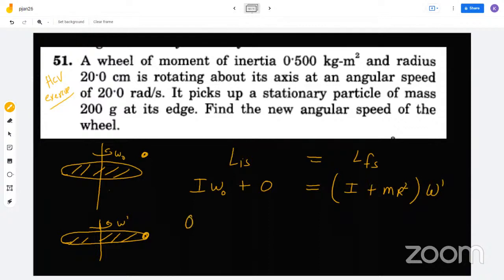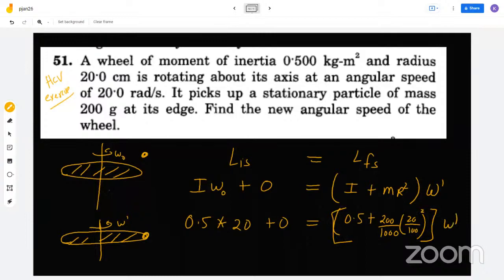This I is given 0.5, angular velocity 20, 0.5 plus stationary particle of mass 200 grams, so 200 by 1000, radius 20 centimeter, 20 by 100 का square, into omega dash. So guys, omega dash कितना आ रहा है?